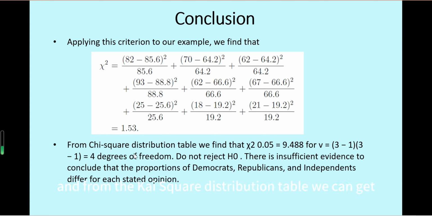And from the chi-square distribution table, we can get the chi-square critical value at 0.05 for 4 degrees of freedom, which is about 9.488. You can see the sample statistic is much less than the chi-square critical value here. So in this example, we do not reject H0.